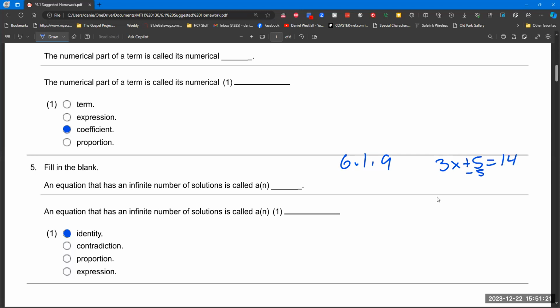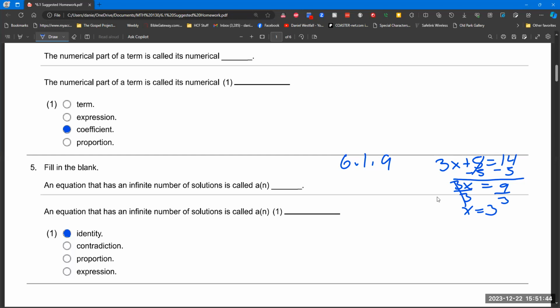And I solve this equation, which we're going to talk about how to do later in this section. Like that, that's a conditional equation because it's only true under the condition that x is equal to 3.